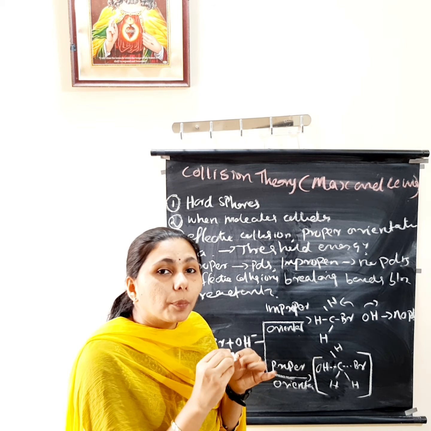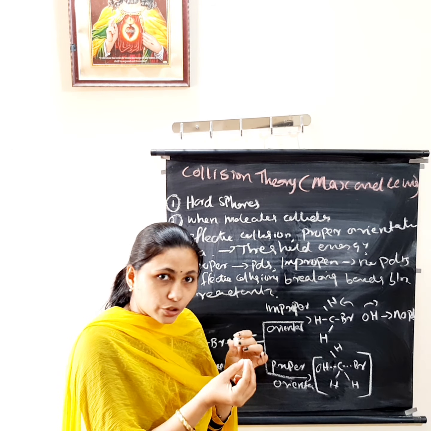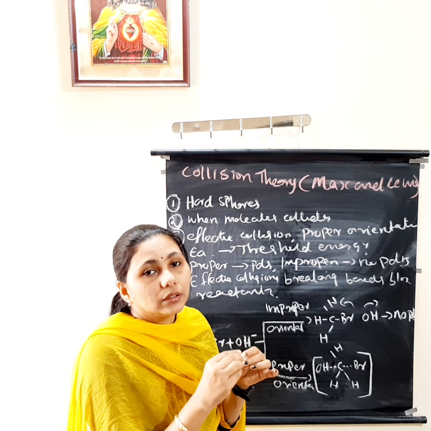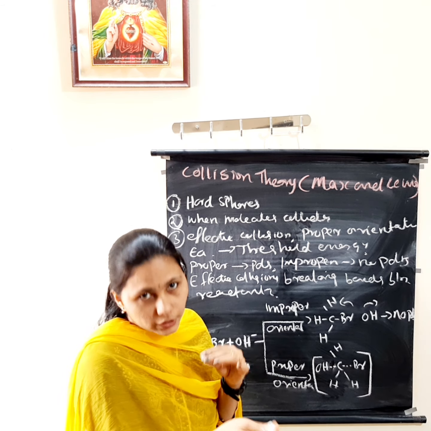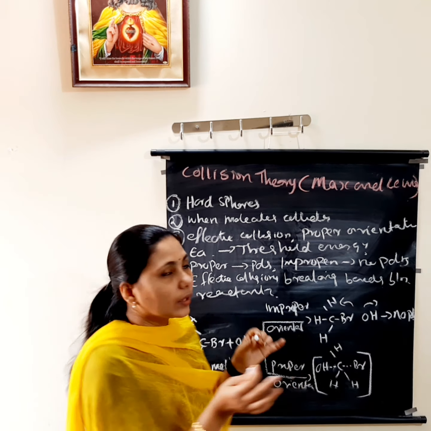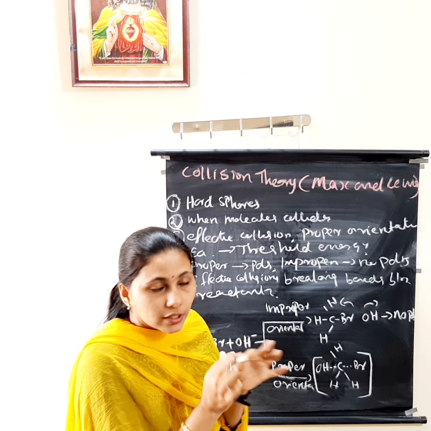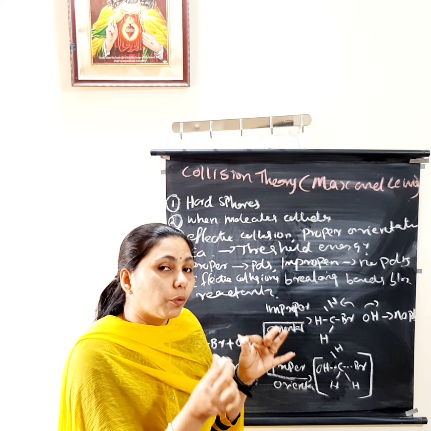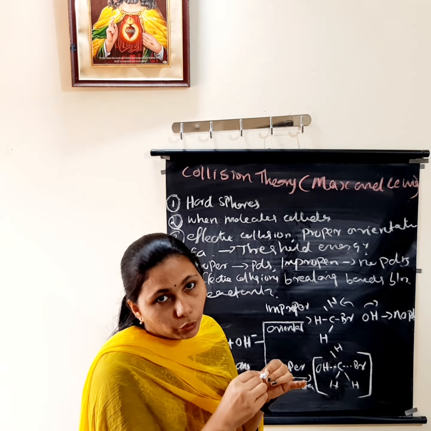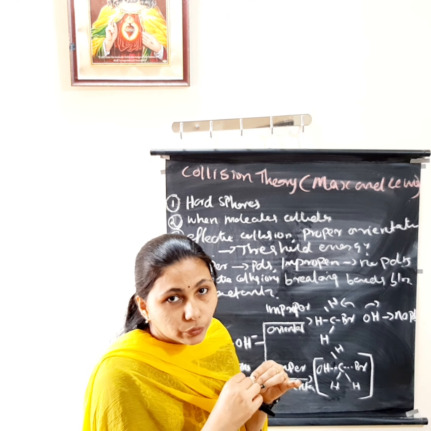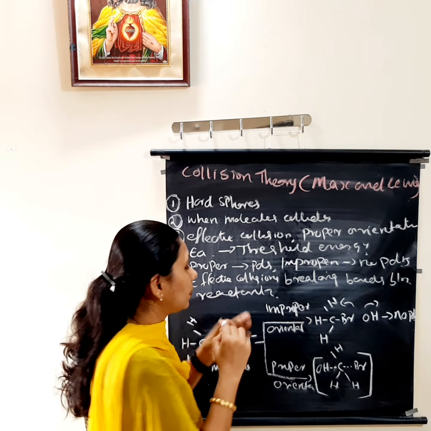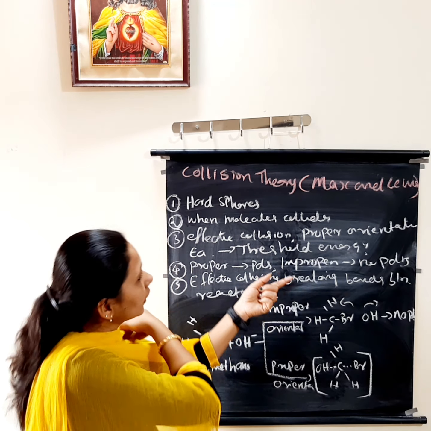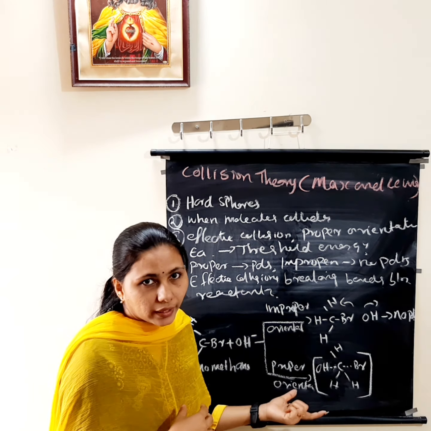Only with the proper orientation do they lead to products. Otherwise, the colliding molecules bounce back. Last, during effective collisions the bond between the reactant molecules is broken and a bond between the product molecules is formed. These are the postulates. We can explain collision theory based on one example.